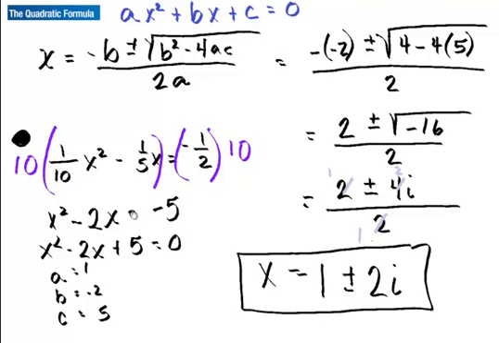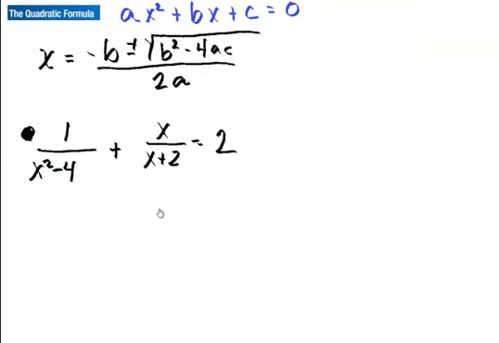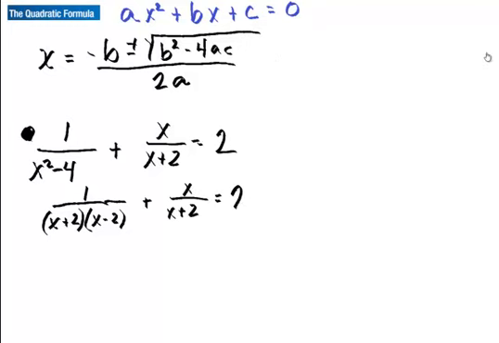Not going to get that one by factoring, are we? My goodness. Look at this thing. It is a mess. Well, I'm going to go ahead and factor that denominator on the first one just to see what in the world is going on here. Okay.